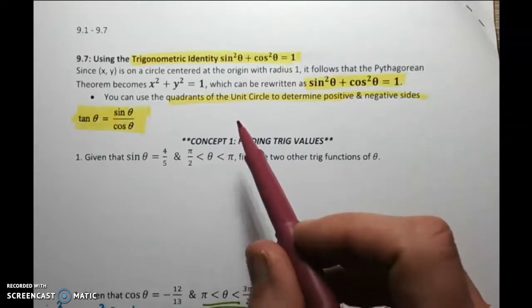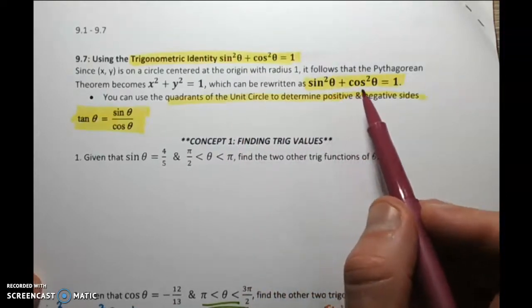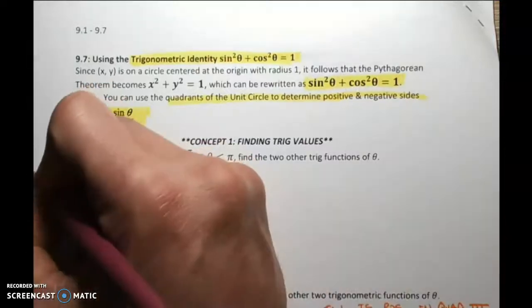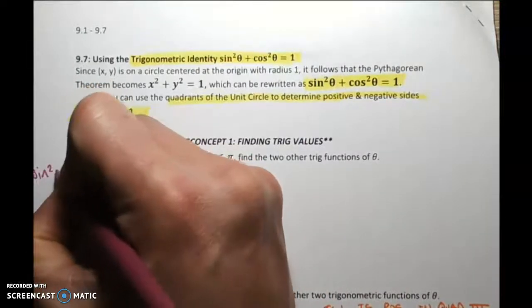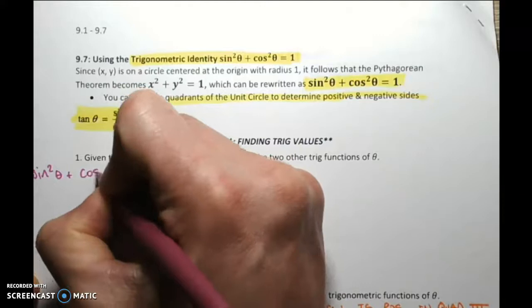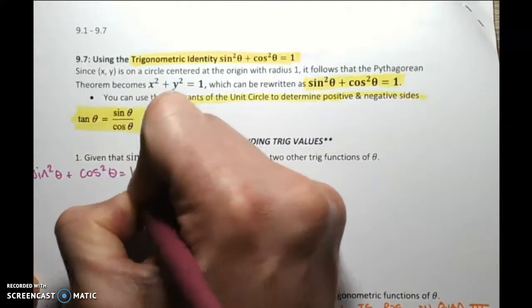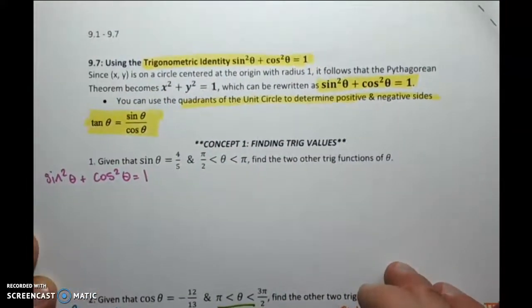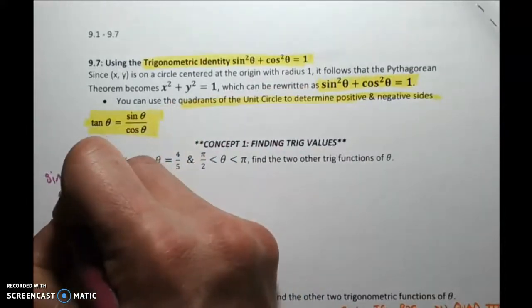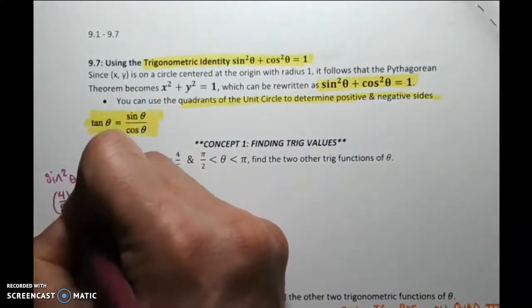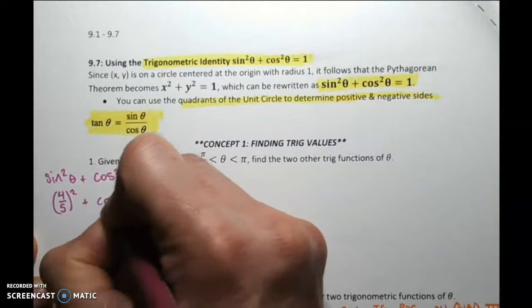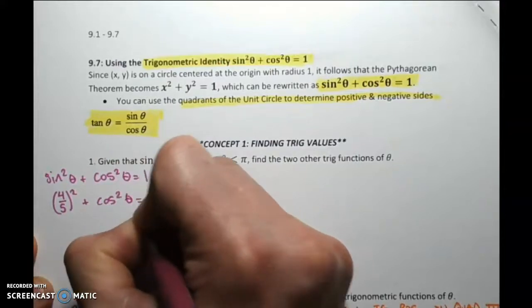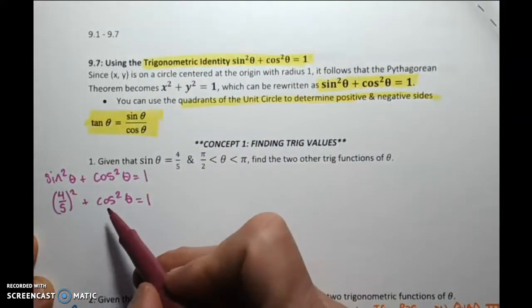Alright, so I'm going to use this trig identity right here: sine squared theta plus cosine squared theta equals 1. Now what I'm going to do is plug in 4/5 for sine, and square that, plus cosine squared theta equals 1, and now I'm going to solve for cosine.